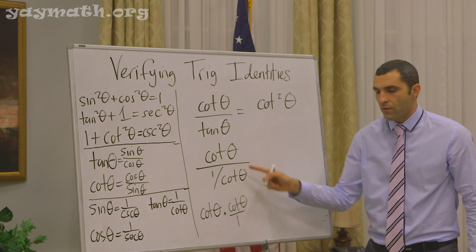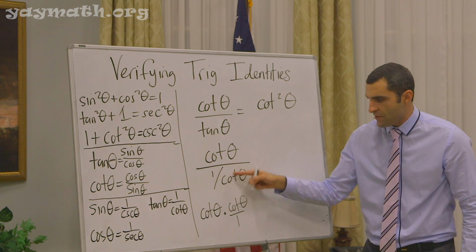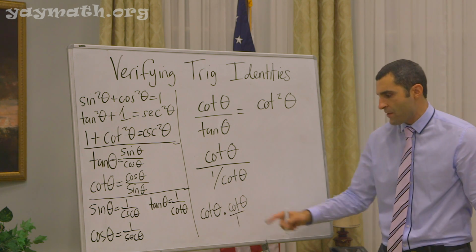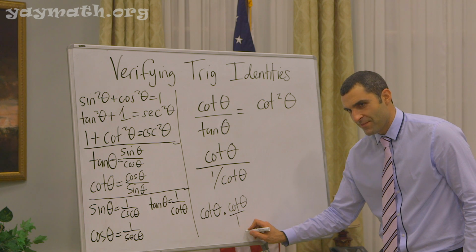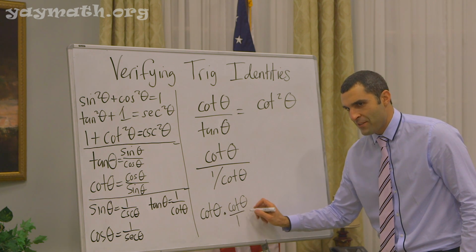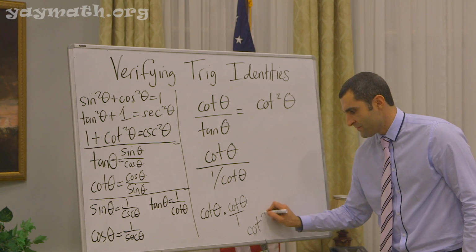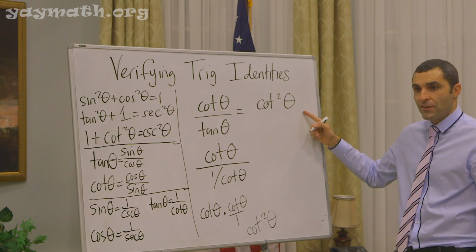Cotangent divided by 1 over cotangent is the same as cotangent times the reciprocal of this. And what is cotangent times cotangent? Cotangent squared. And we are done. Oh, look at that.